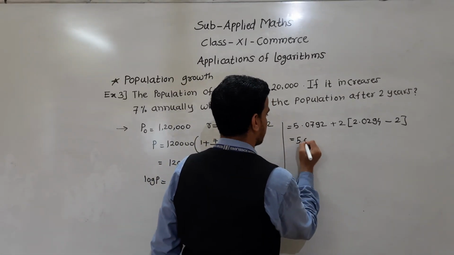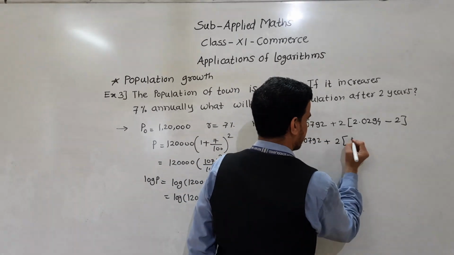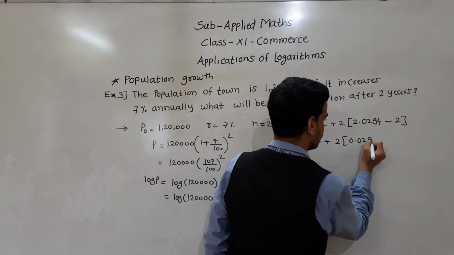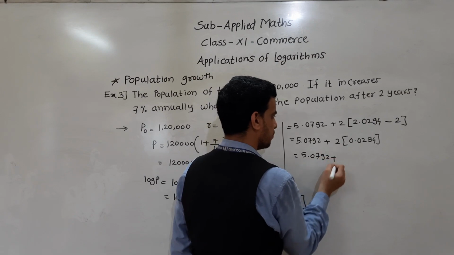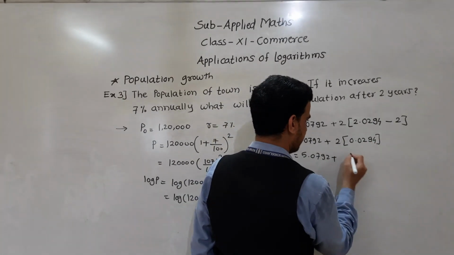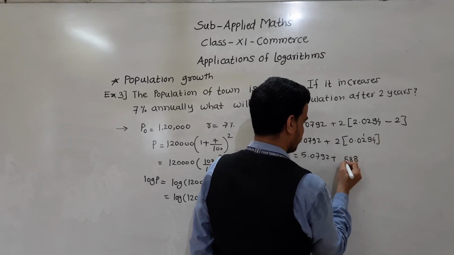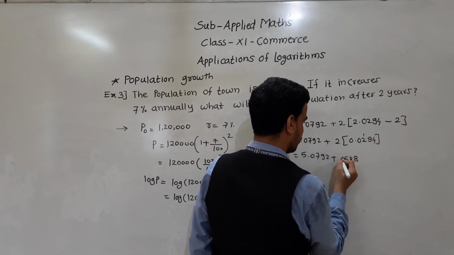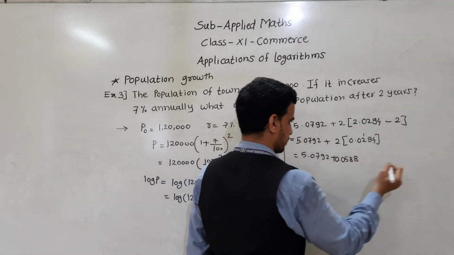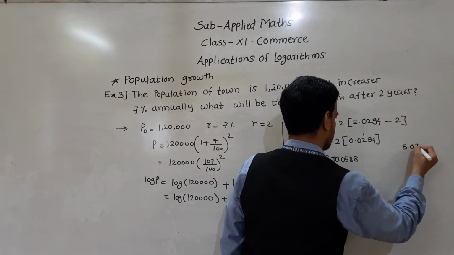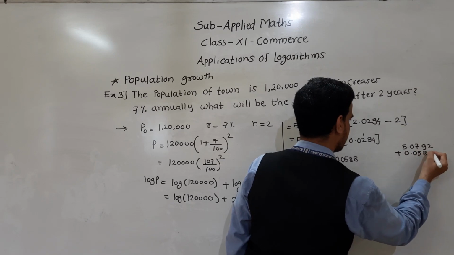So 5.0792 plus 2 into, if we subtract this, it is 0.0294. So 5.0792 plus, 2 4s are 8, 2 9s are 18, 2 2s are 4 plus 1 is 5, 0.0588. So 5.0792 plus 0.0588.